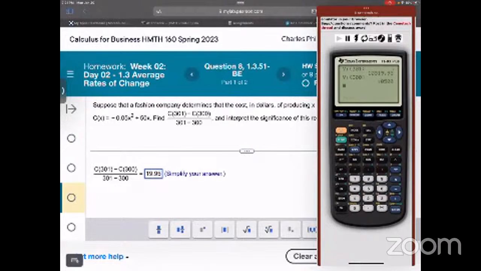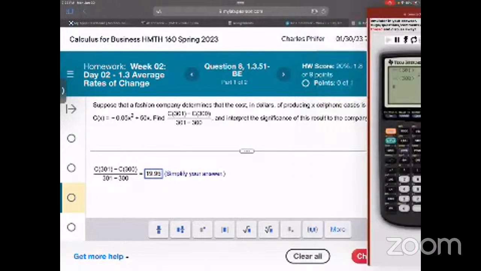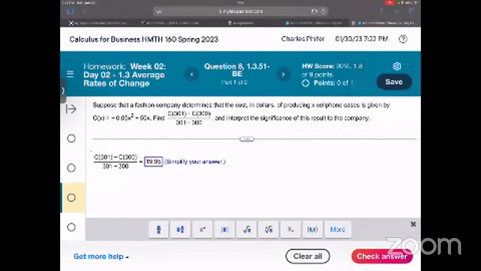Oh, it's $20. So if I know it costs me $20, I want to maximize my profit. I know I'm not going to sell it for less than $20, because you're trying to turn a profit. If you sell it for less, you're going to be in the red. Let's see if that's correct, right?